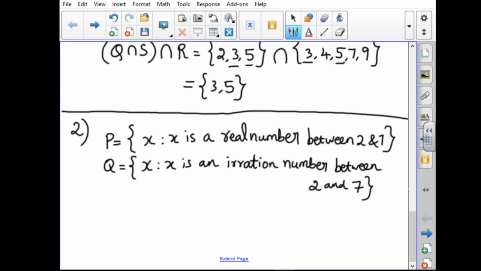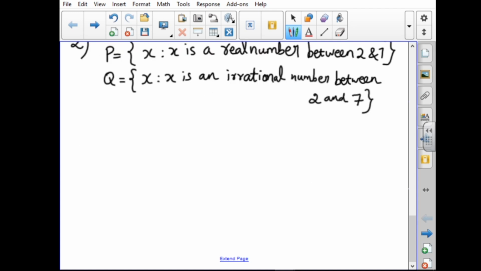So P is a set of real numbers between 2 and 7 and Q is a set of irrational numbers. X is a real number between 2 and 7 and Q is an irrational number between 2 and 7.